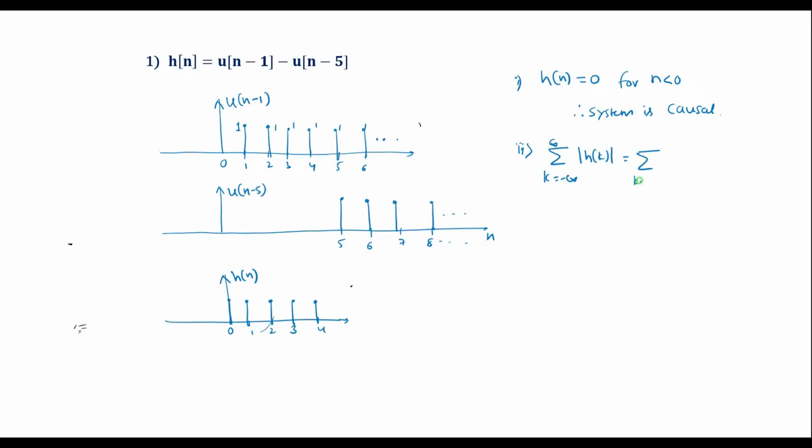So the value is 1 plus 1 plus 1 plus 1 plus 1, which equals 5, which is less than infinity. Therefore, the system is stable. If it is less than infinity we can say that the system is stable.